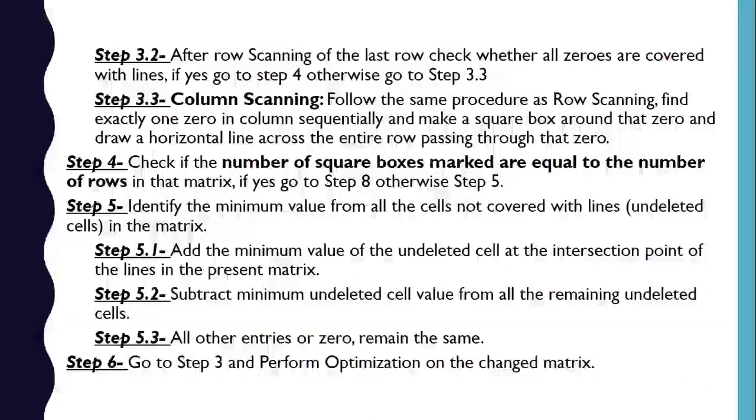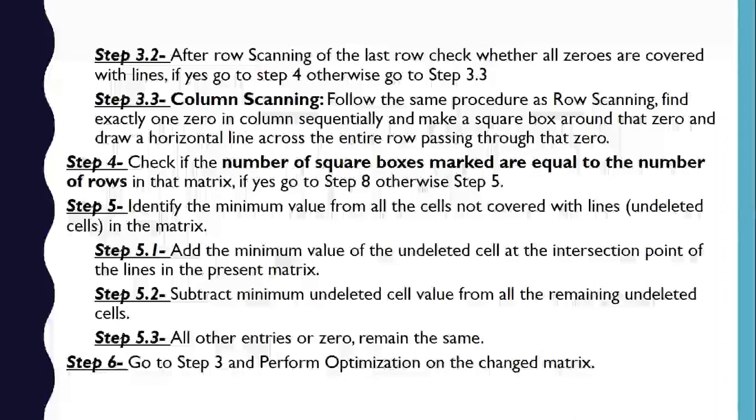Step 5 is when we have zeros remaining in the graph which are not struck off, and other values are also present in the graph. So in step 5, we find the minimum value of all the cells that are not covered with lines. These cells are also called undeleted cells. Step 5.1 shows that we take that least value of the undeleted cells and put it at the intersection points of the lines in the present matrix, which are formed after row scanning and column scanning.